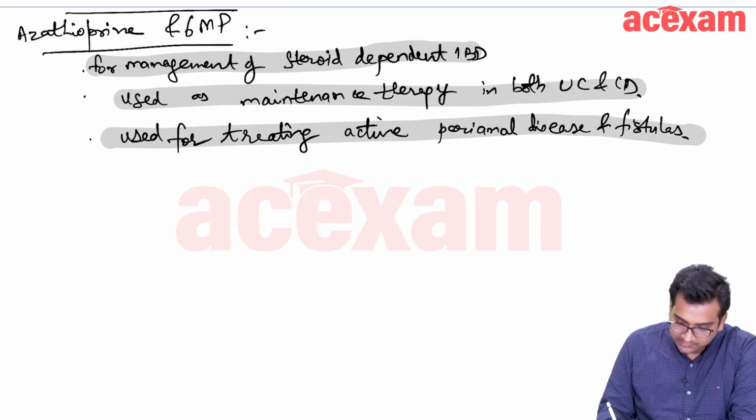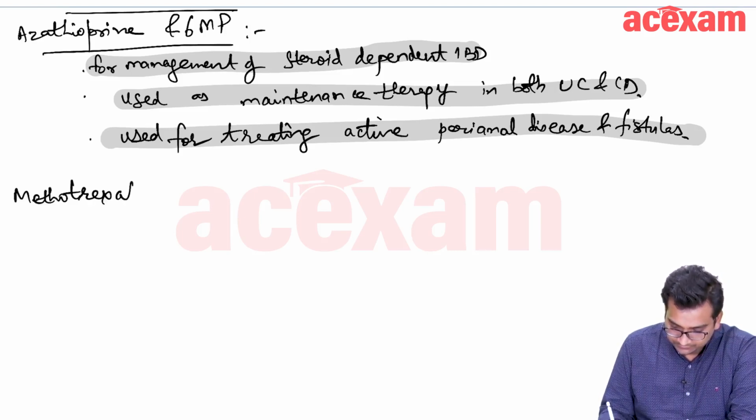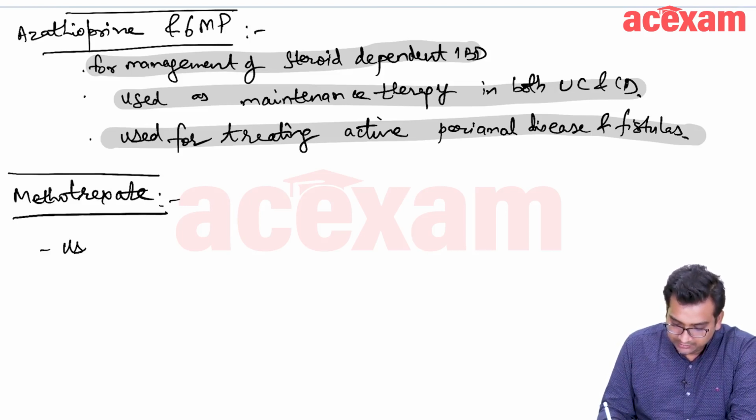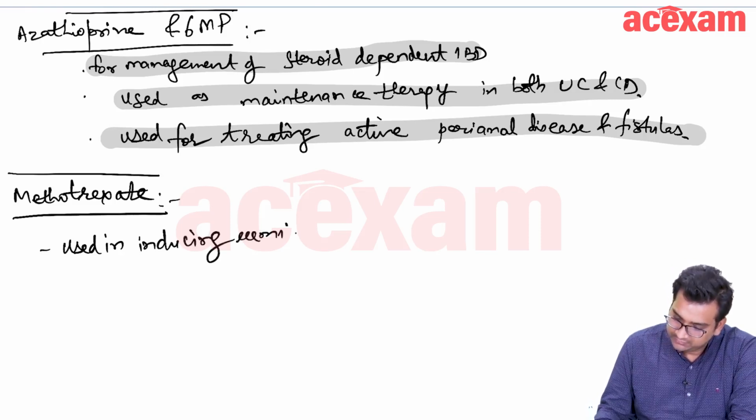Now, the next drug is methotrexate. Methotrexate is used in inducing remission and reducing the steroid dose.